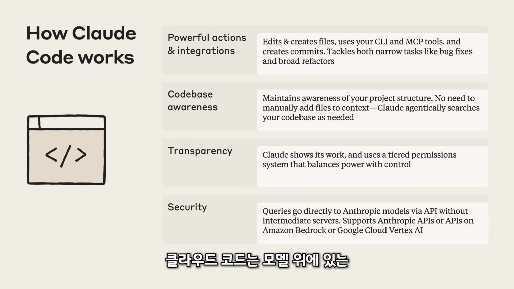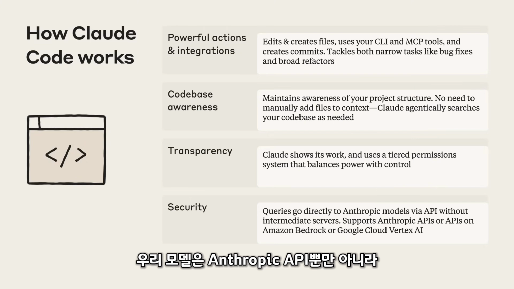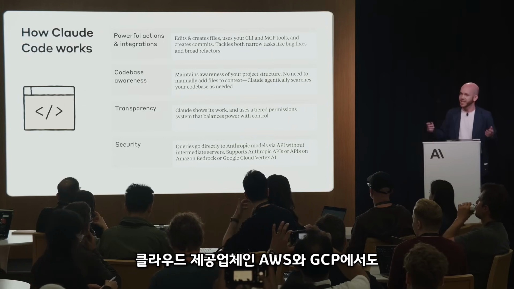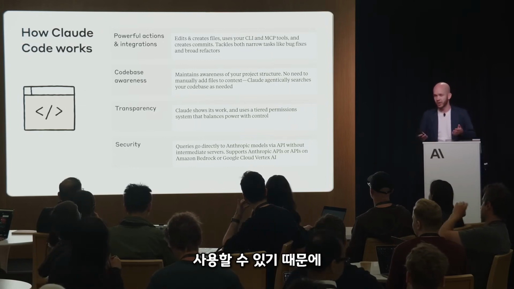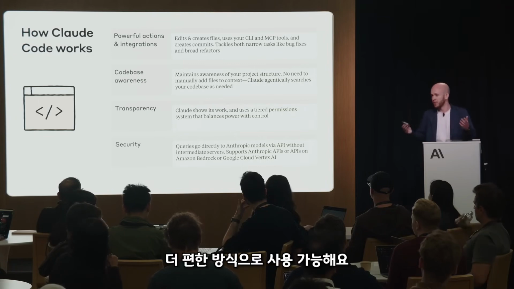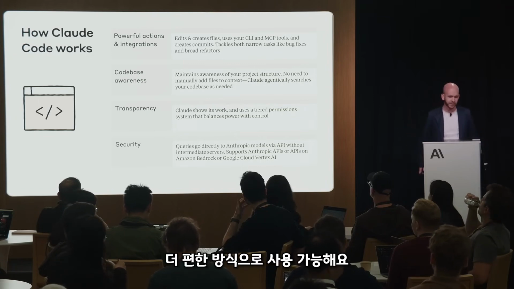Because Claude Code is just such a lightweight layer on top of the model, and our model is available not just behind Anthropic APIs, but also with our cloud providers, AWS and GCP, it's very easy and native to point Claude Code at one of these other services if you feel more comfortable consuming Claude that way.